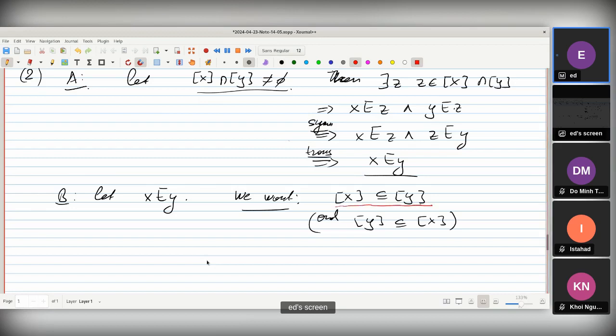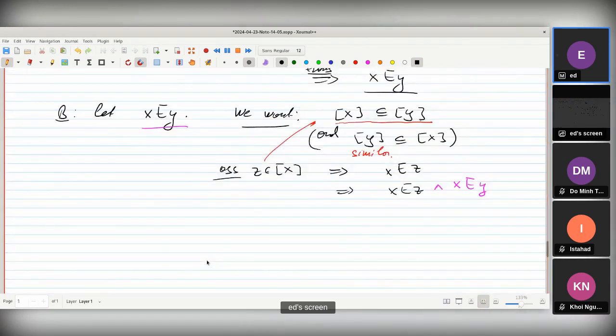Let us look at this one because this is similar. What do we have? Assume that some Z belongs to the class of X, that is X E Z. So we have X E Z, but also by our assumption, we have X E Y. So we can do what? Let us apply symmetry.